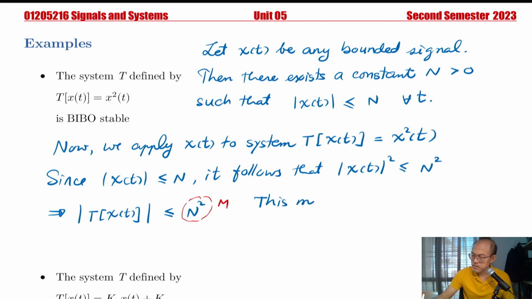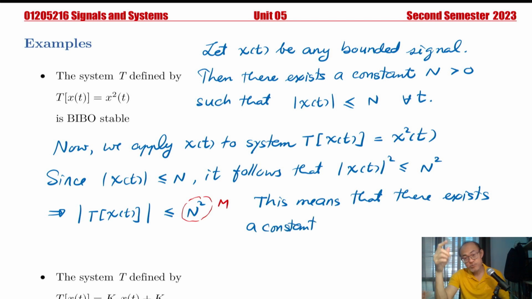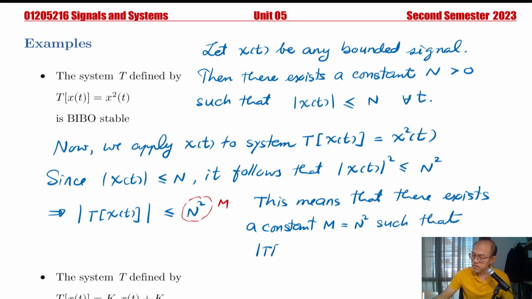This means that there exists a constant, because n is real, so that is n squared. There exists a constant M which is equal to n squared, such that the output from T is not greater than M for all t.